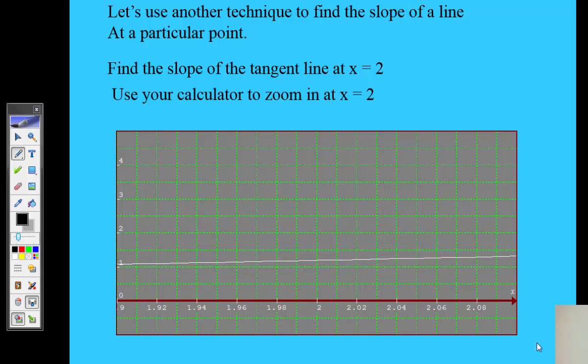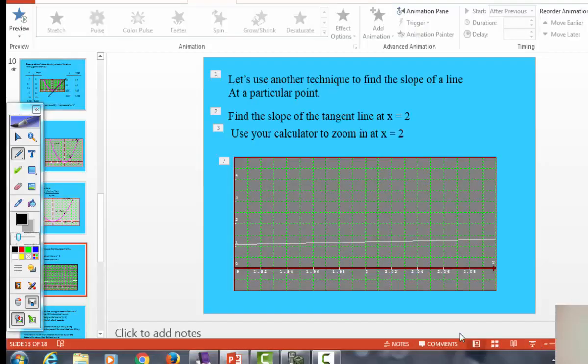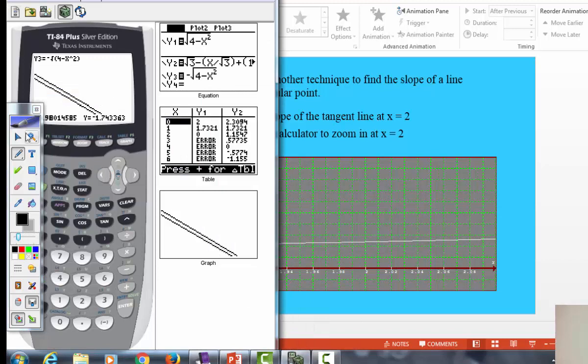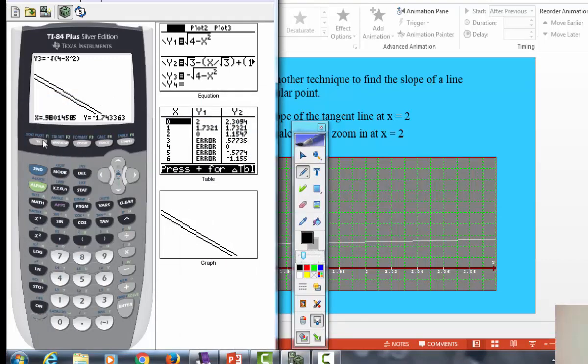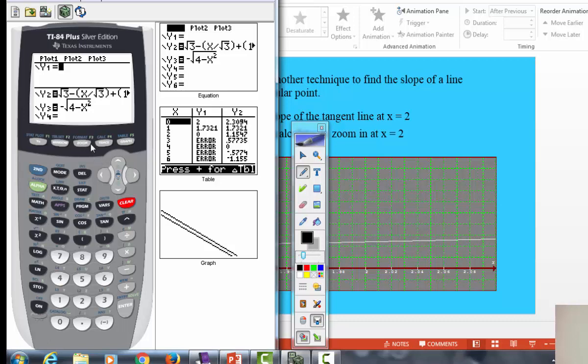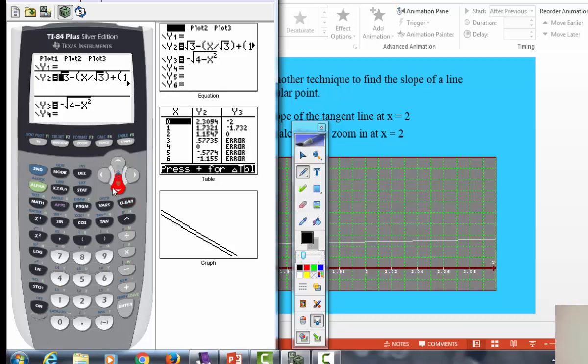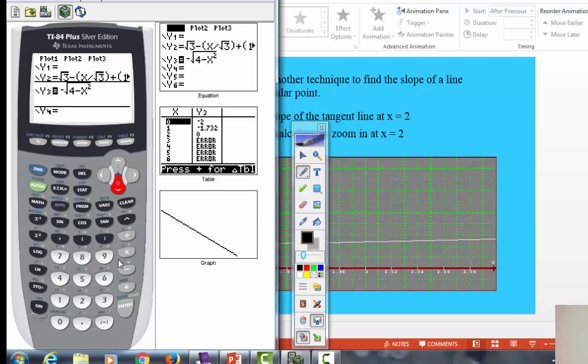Here we've zoomed in, and if we were able to go back to our graphing calculator, if we looked at the function now, we're going to clear these graphs out. Let's deselect this one so this one doesn't graph, and we'll deselect this one so that one doesn't graph.